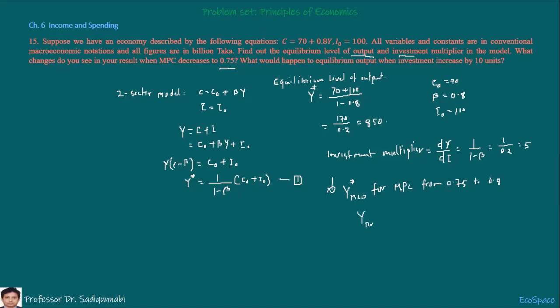Y new star is equal to 170 remains the same, divided by 1 minus 0.75, which is 0.25. That gives 680.